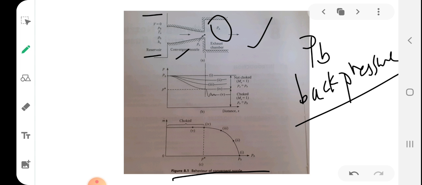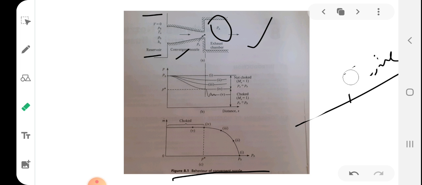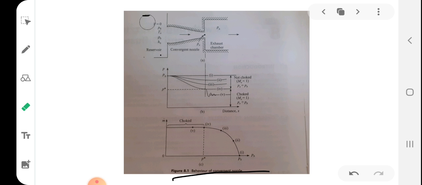That is our main area of study in this session. So students, according to the value of the back pressure, or the pressure of the space to which the flow is discharged, the mass flow rate varies.